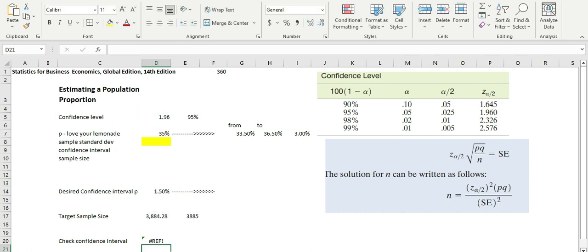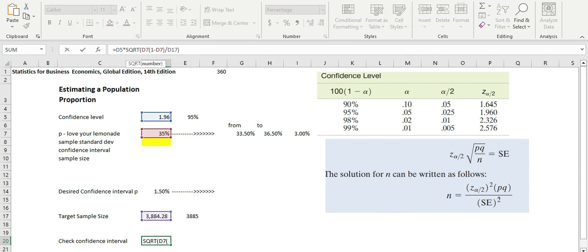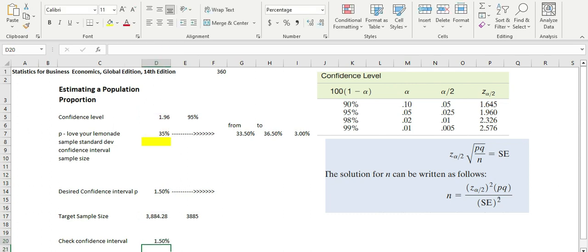Oops, I think we messed something up. Alright, okay. By checking our computations, we arrive here at 1.5%. That's the confidence interval of P.